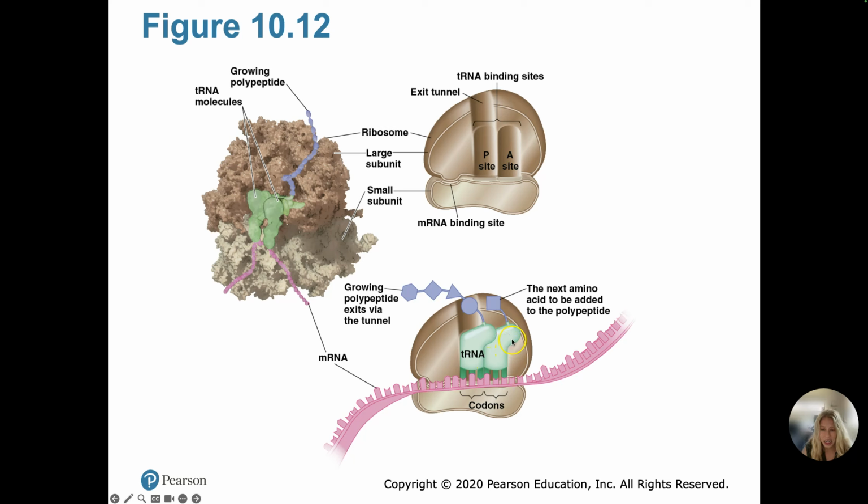And we can see here the next transfer RNA has already bound to its complementary mRNA, and it's carrying the next amino acid that needs to be added to the polypeptide. The tRNAs recognize the mRNA sequence that they need to bind to through their anticodons, which are the complementary sequence to the 3-letter codon in the mRNA.